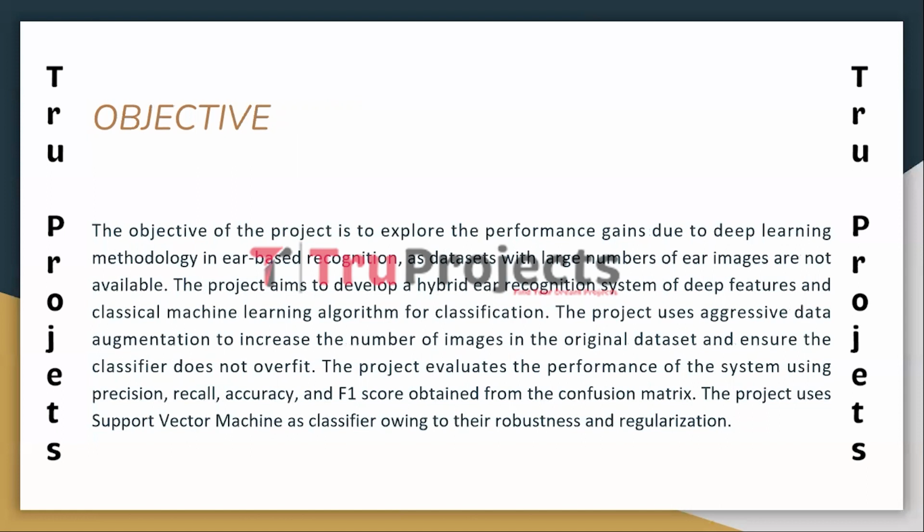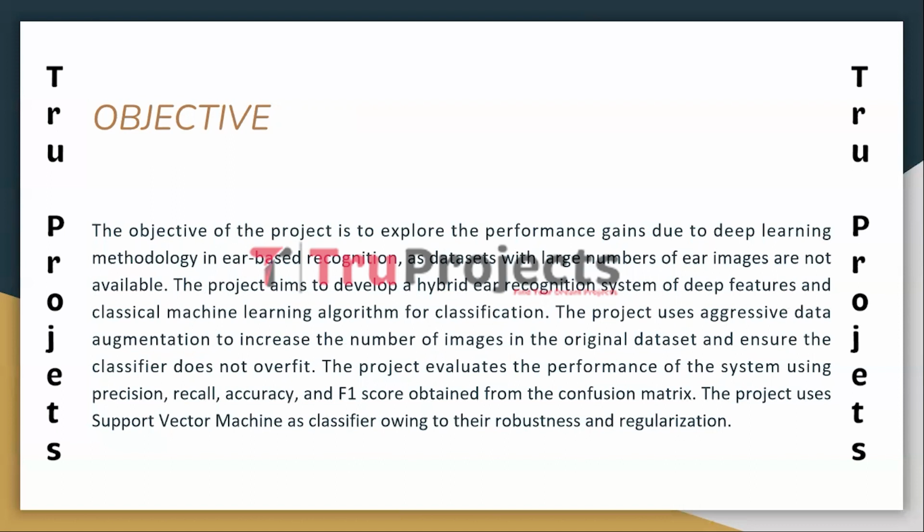Considering the limited availability of large datasets containing ear images, the project aimed to develop a hybrid system that combines deep features with a classical machine learning algorithm for classification. To address the limited dataset issue and prevent overfitting, aggressive data augmentation techniques are employed to increase the number of images.